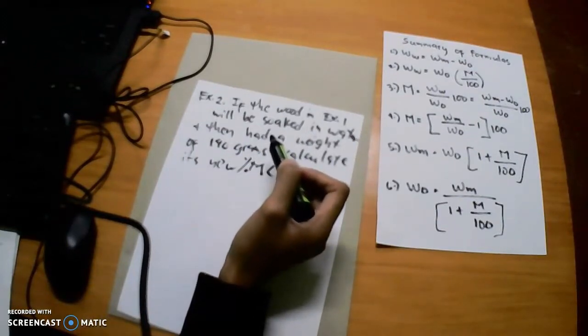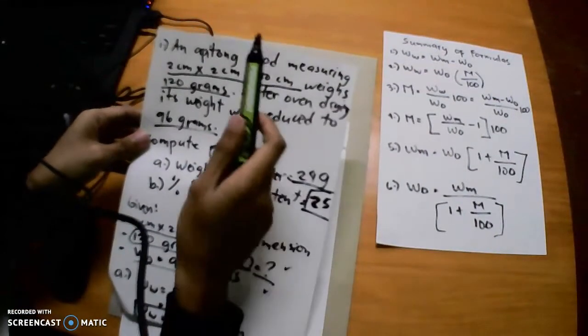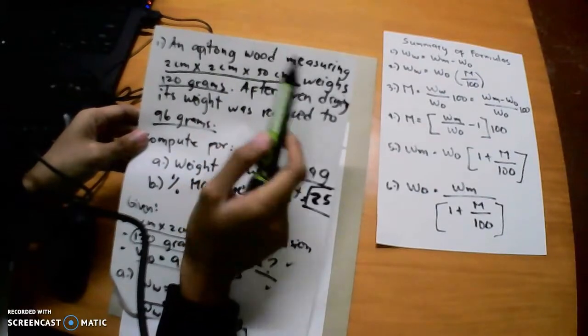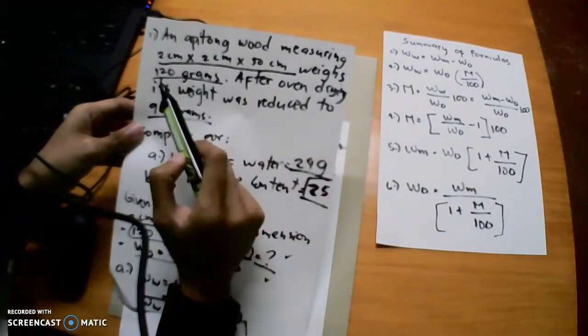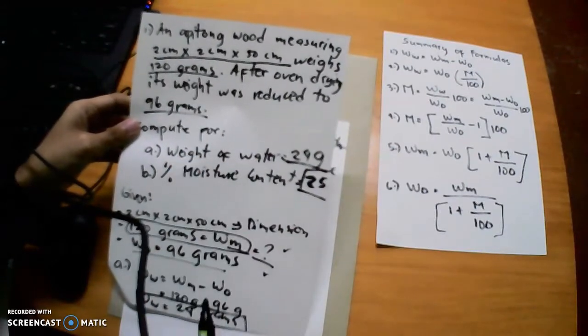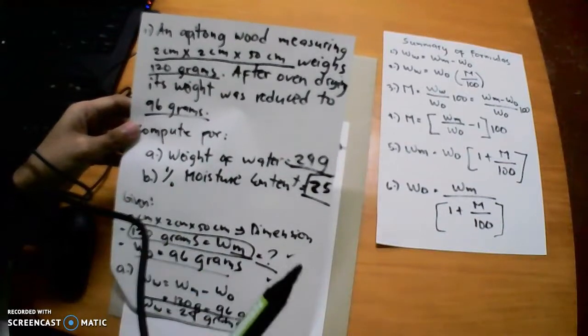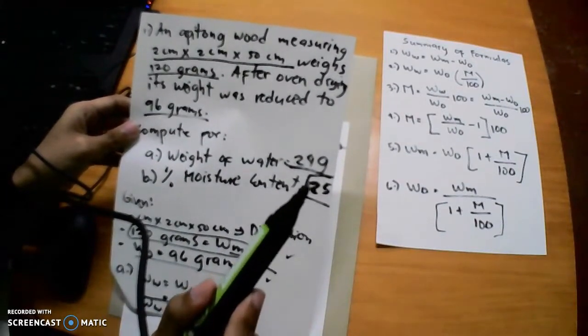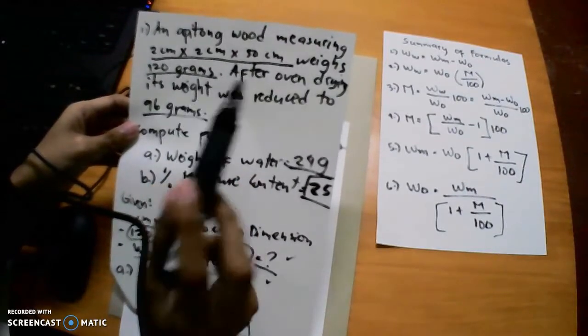If we go back sa atong example number 1, may nakita apitong wood na nag-measure 2 by 2 by 50. Kabugaton 120 grams. That is based sa computation kanang 120 grams mao nang iyang kabugaton at 25% MC. Now kaning kahoy gin-uwi na or ginpamara.